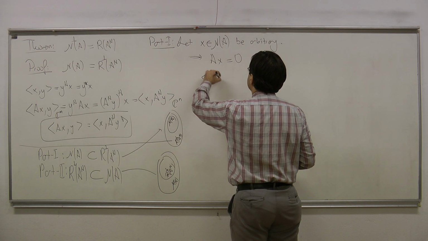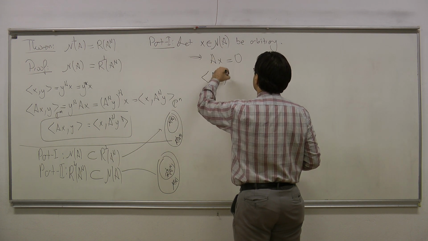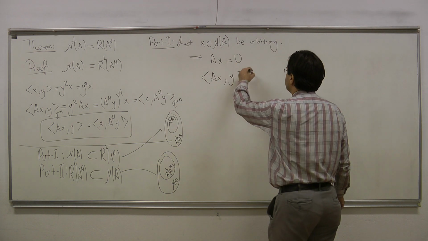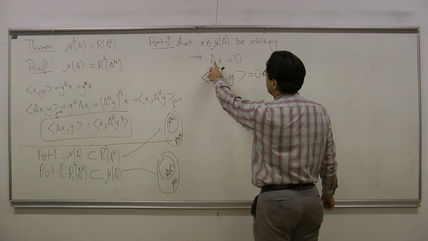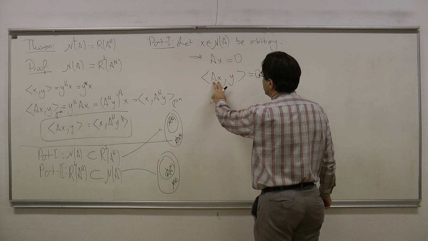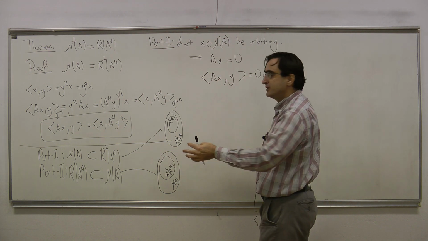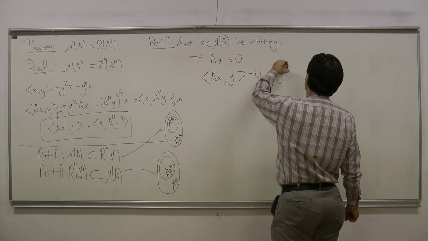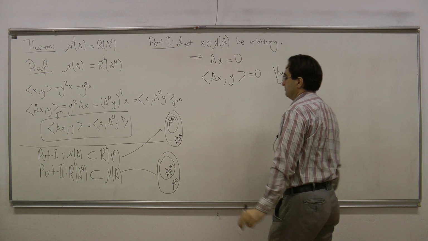As a result, if I take the inner product of Ax with y, any y in Cm, this is going to be equal to 0, because I'm taking the inner product of the 0 vector, which is orthogonal to all vectors, and an arbitrary vector y. This is true for all y in Cm.